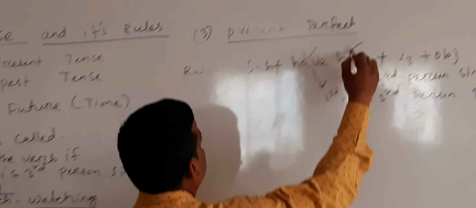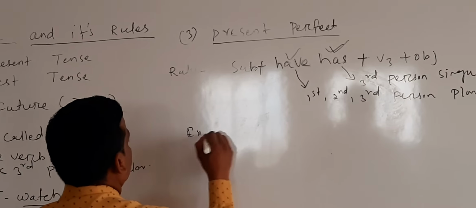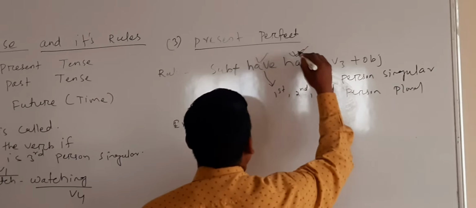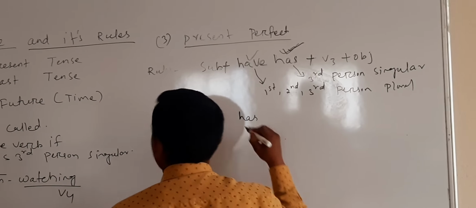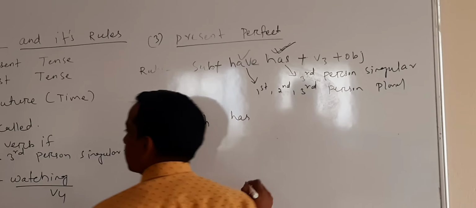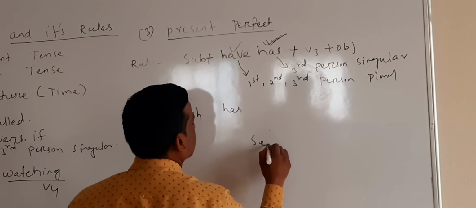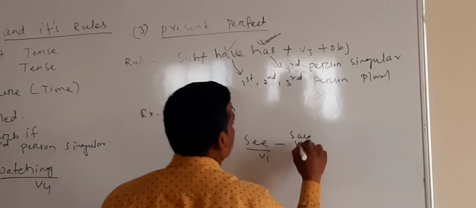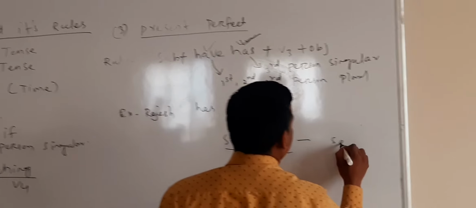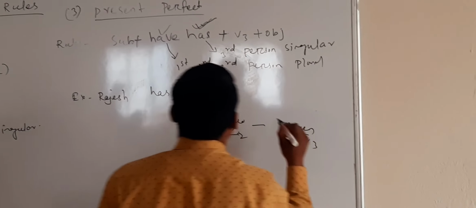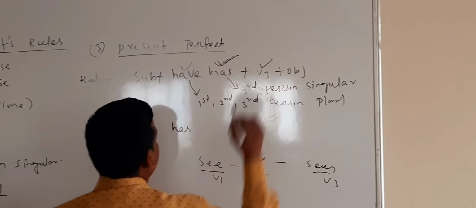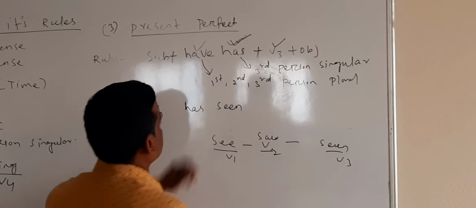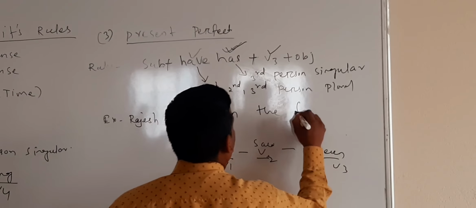First of all, we will give an example of has. Third person singular, that is Rajesh. So the helping verb is has: Rajesh has. For the third verb we can take any verb. See is verb 1, verb 2 is saw, and the third verb is seen. According to this rule, we use the third verb: Rajesh has seen the field.